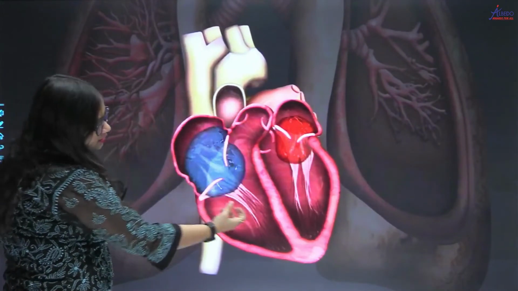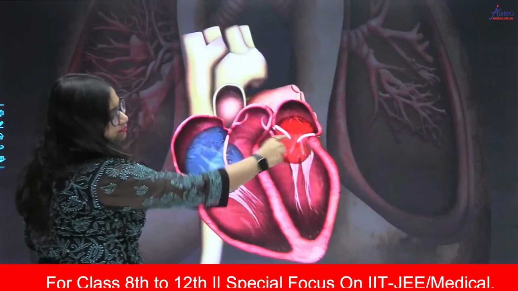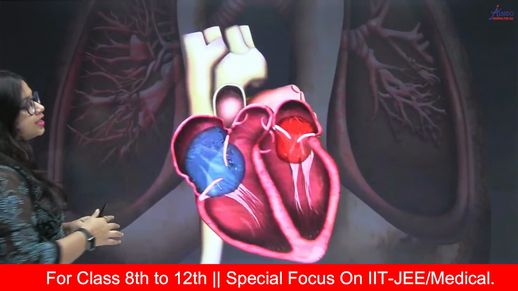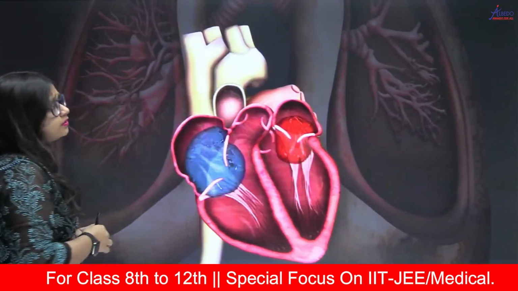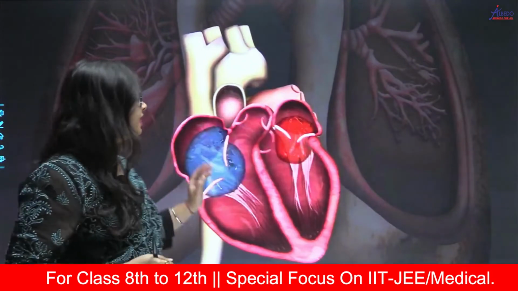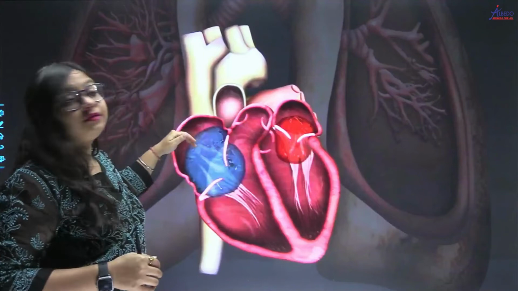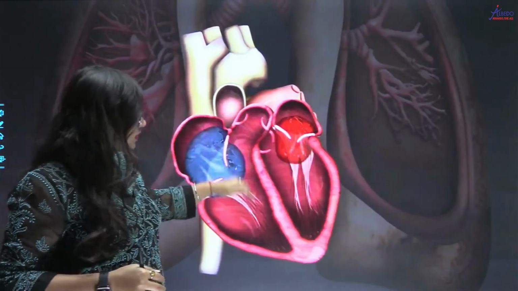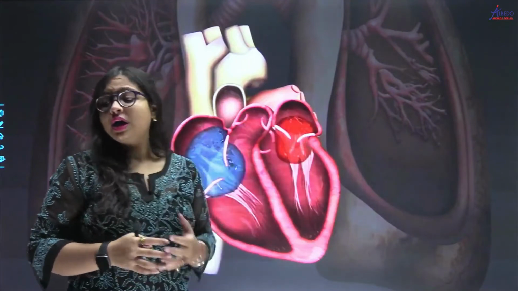Your atria are relaxing, ventricles are relaxing, and the tricuspid valve and bicuspid valve are both open, so that the blood coming from the inferior and superior vena cava and the pulmonary veins drains into the right and left atrium respectively, and the blood from the atrium goes into the ventricle, and the blood from the left atrium goes into the left ventricle, right?